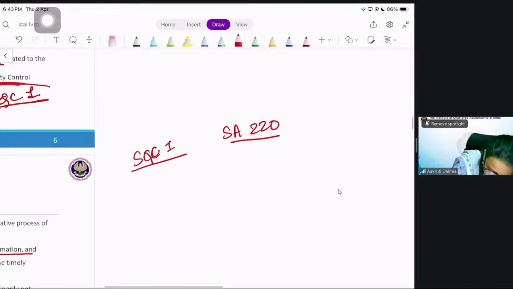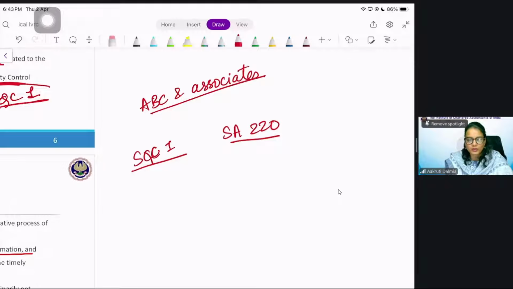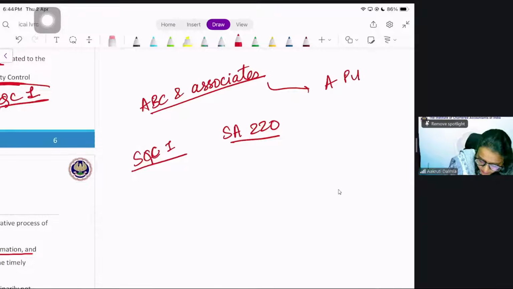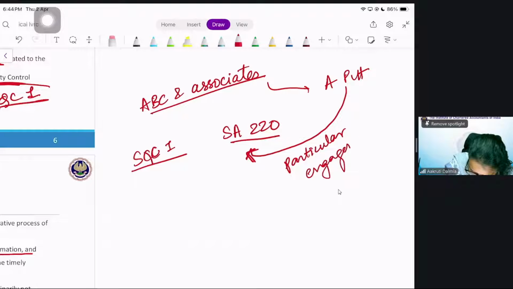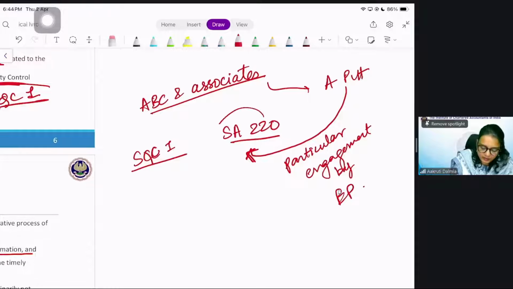Let's say there is a CA firm, ABC and Associates, and they have an audit client called A Private Limited. Proper quality should be maintained in the audit of A Private Limited. Quality for a particular engagement, by the engagement partner, that is SA 220.